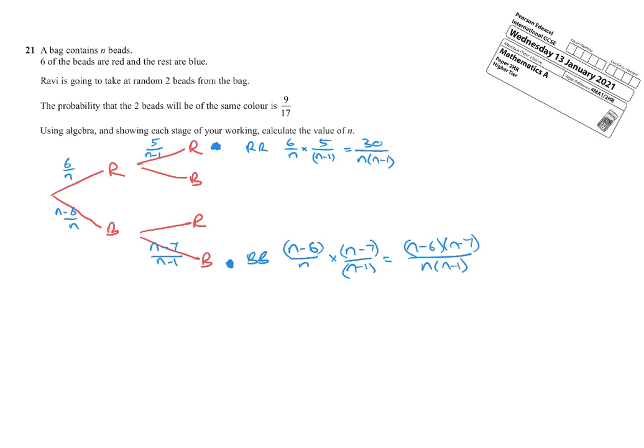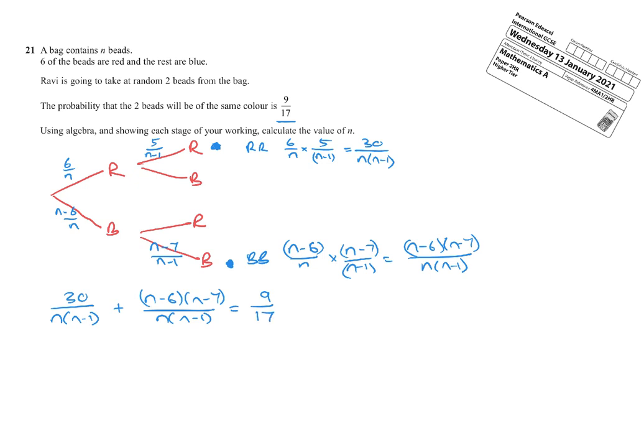So I have those 2 sets of probabilities, those 2 cases, and when I add them together, I will get the answer of 9 over 17. So now I can form my equation. So down here I'm going to put 30 over n times n minus 1 plus n minus 6 multiplied by n minus 7 over n times n minus 1, and that equals 9 over 17.